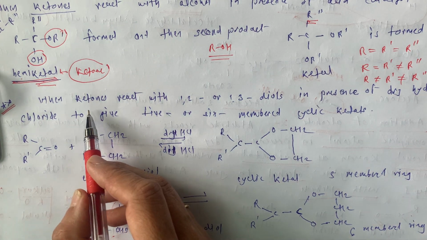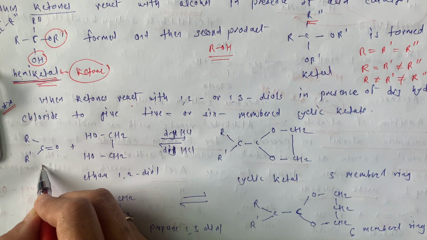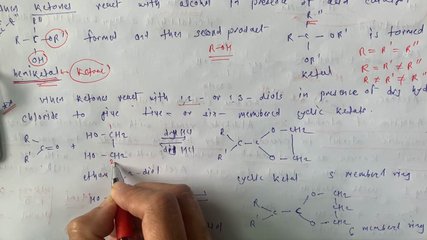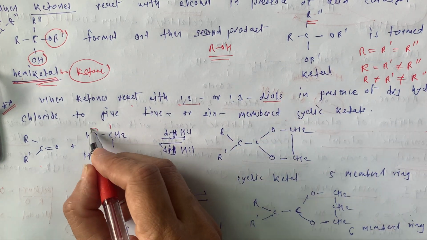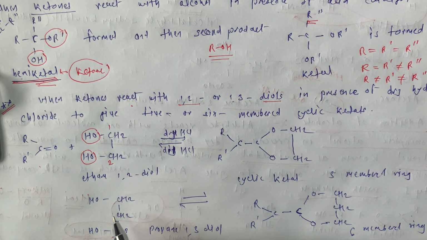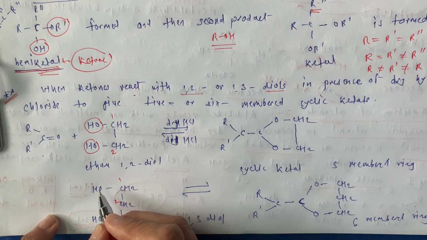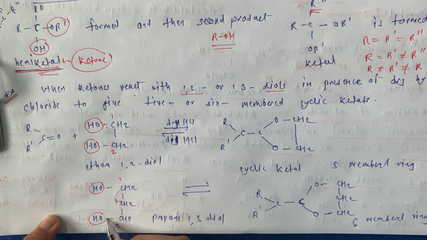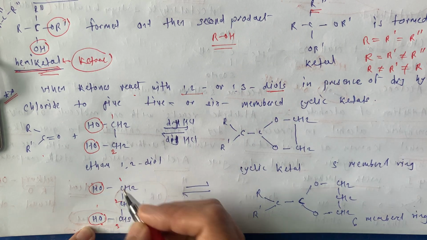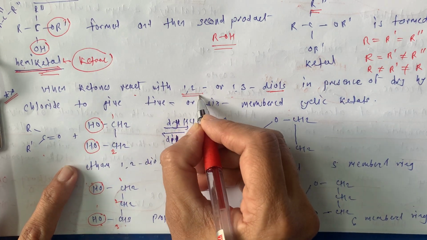What is that? When ketones, we know this is also a product from the ketone, this ketone reacts with 1 2 diol or 1 3 diol. 1 2 means this is 1, then this is 2. Diol means 2 hydroxy groups. 1 3 diol means this is the first carbon, this is the second carbon, this is the third carbon, with a hydroxy group on the first carbon and on the third carbon, so this is 1 3 diol, while the other is on the first and second positions, so this is 1 2 diol.